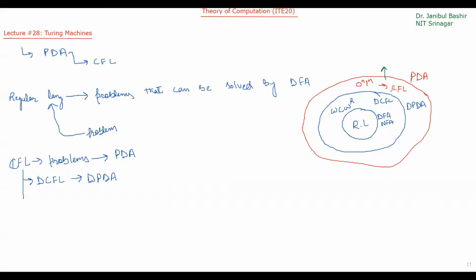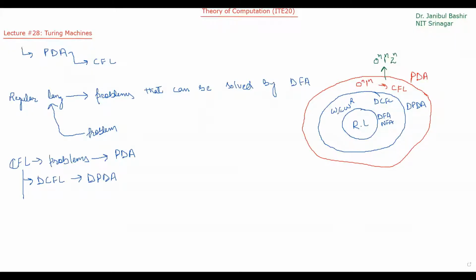What was that problem? For example, 0 raised to the power n, 1 raised to the power n, 2 raised to the power n. Can we solve this kind of problem by a pushdown automata? No, we cannot.